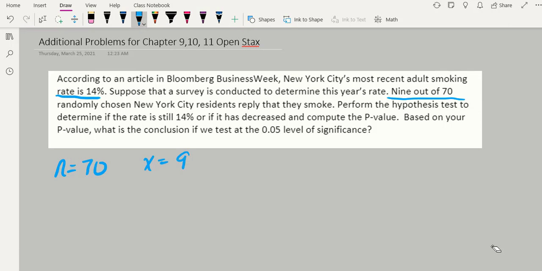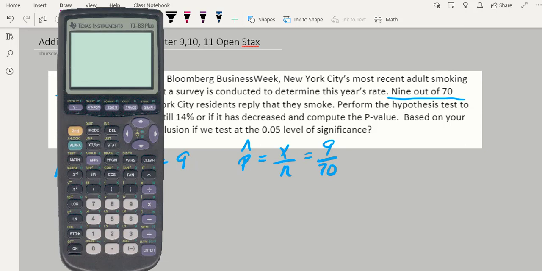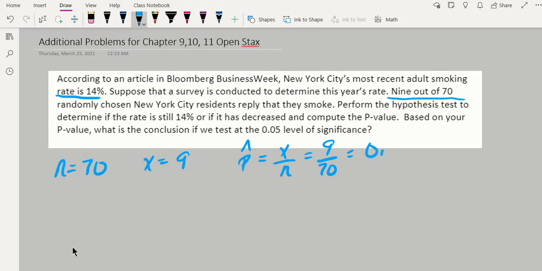That means my sample proportion, or p hat, would be X divided by N, which is 9 out of 70. If we plug it into our calculator, that gives us approximately 0.128. Okay, that's the first piece of information we know.